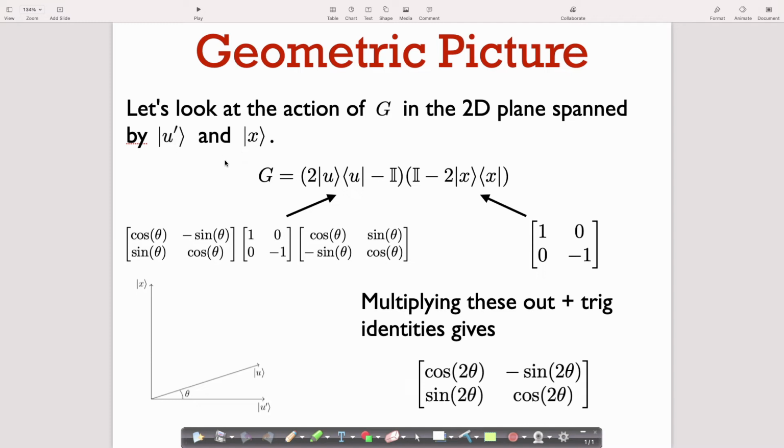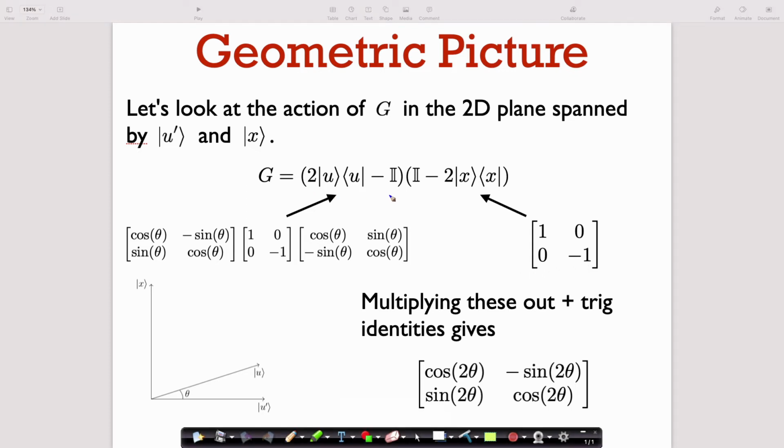Okay, so what does this operation do, right? Identity minus 2 ket x bra x. Well, that just multiplies the x component of a vector by -1. Okay, so in this basis, u prime and x, the matrix representing this action just looks like this.